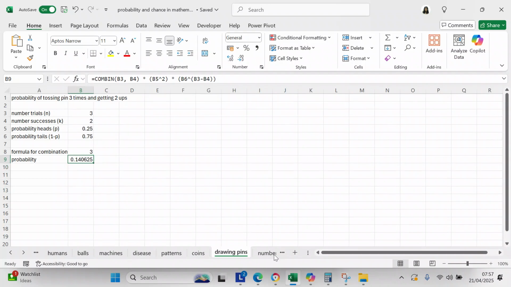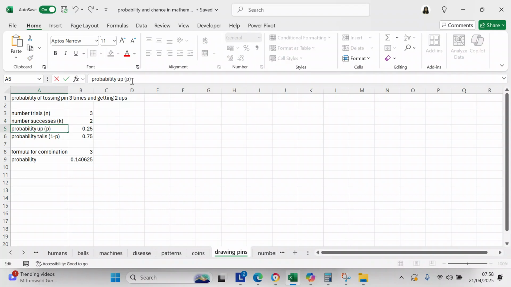So the next exercise that we had was drawing pins and the possibility of drawing 3 pins and getting 2 ups. So the number of trials is 3. The number of successes is 2. Probability of heads, we'll just say probability of tops.